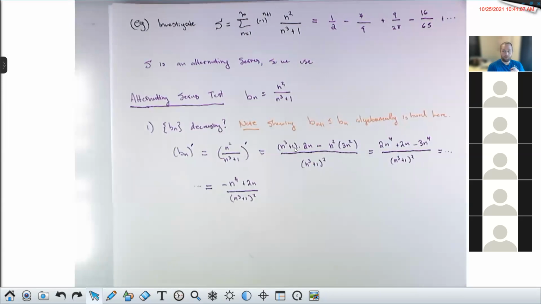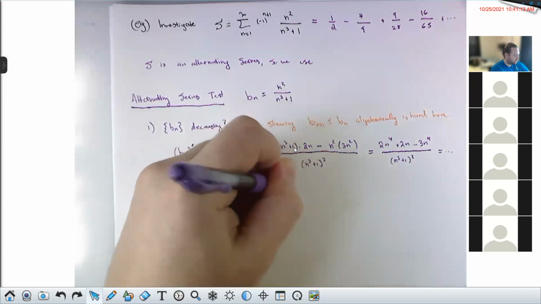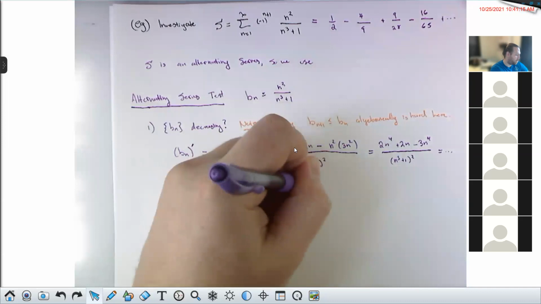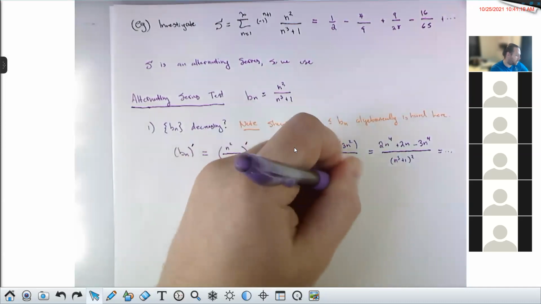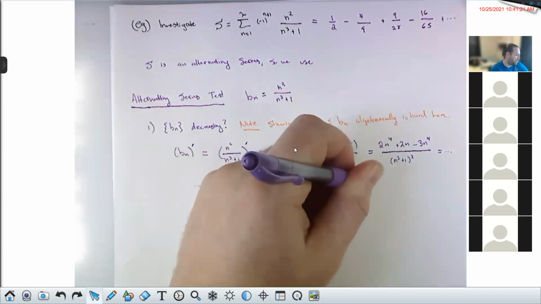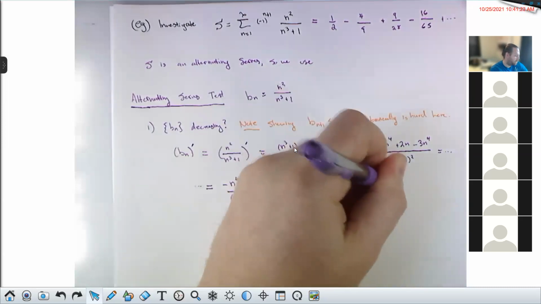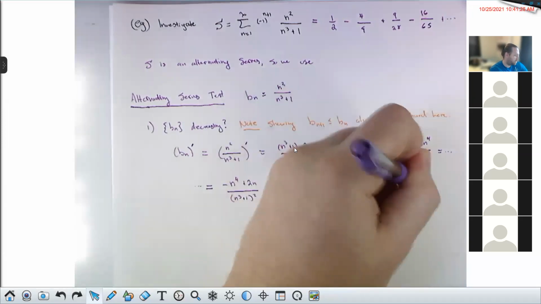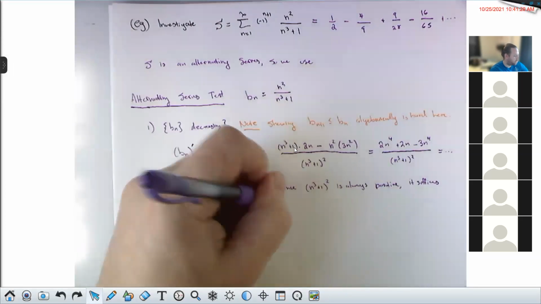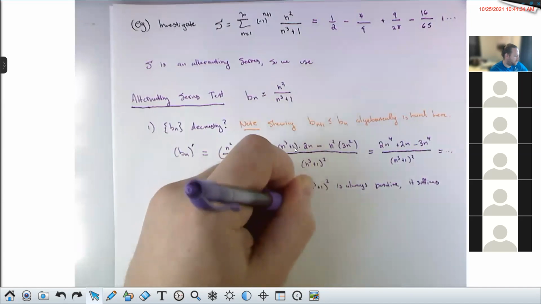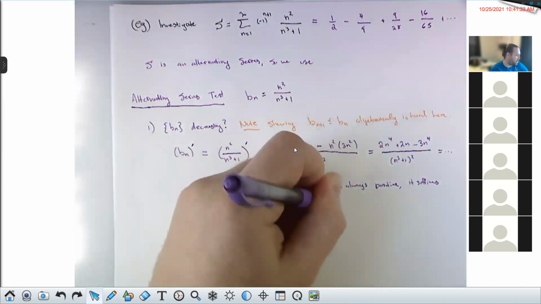Now remember what I'm trying to check. I'm trying to ask, is this thing negative? Since the bottom, n cubed plus 1 squared, is always positive, it's a square, it suffices to check when the top is negative.